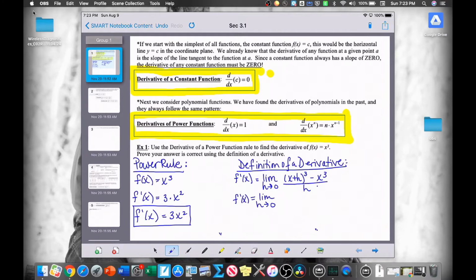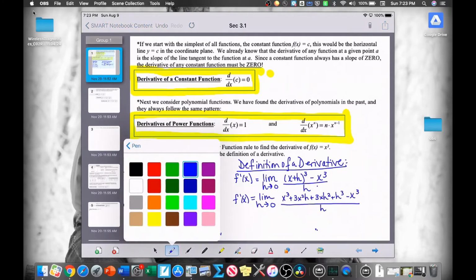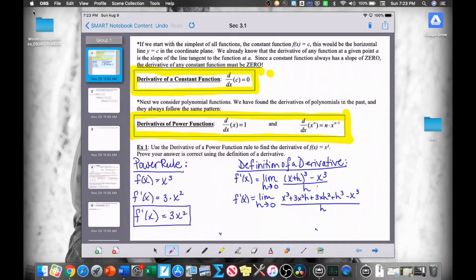X plus h cubed is going to be x cubed plus 3x squared h plus 3x h squared plus h cubed minus x cubed. And this is all over h. Now we get to cross out our terms that cancel, which in this case is just x cubed and negative x cubed.